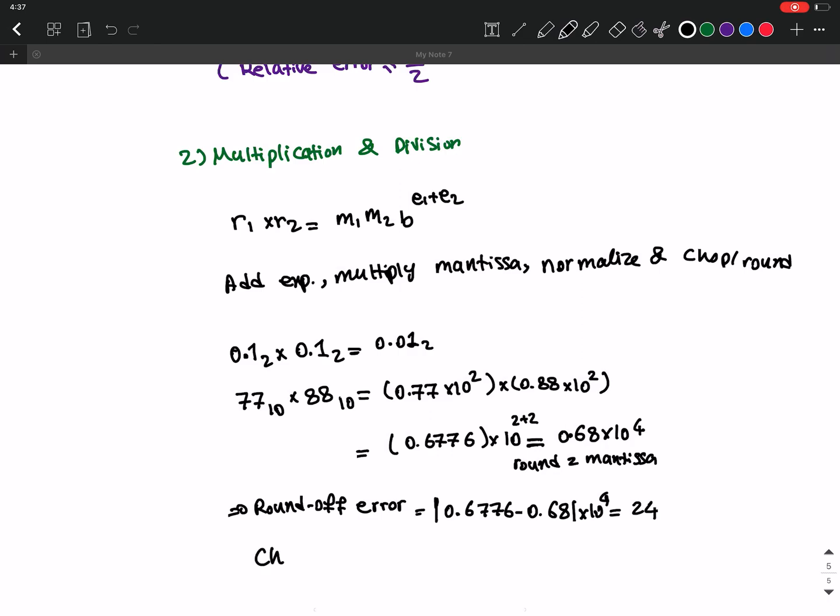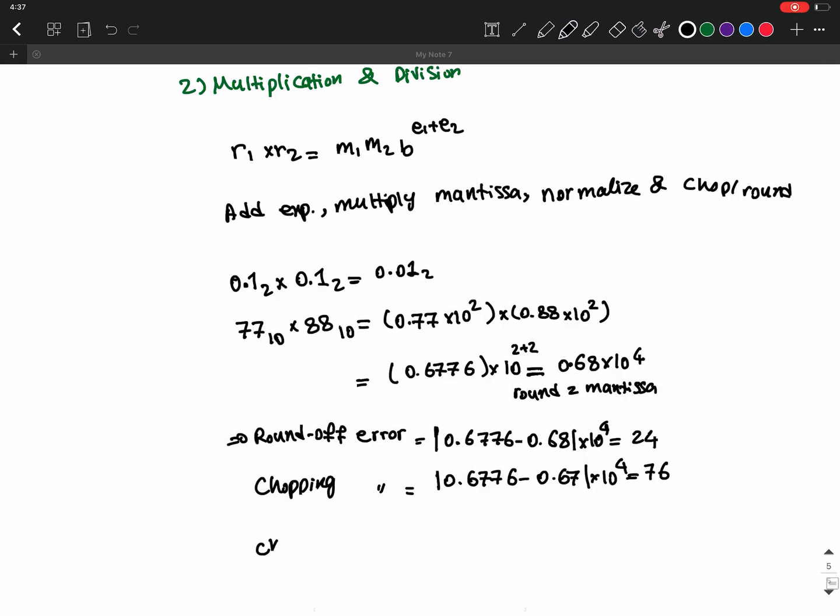And the chopping error, if we do just chopping, is going to be 0.6776 minus 0.67, times 10 to the power 4, which is going to be 76.